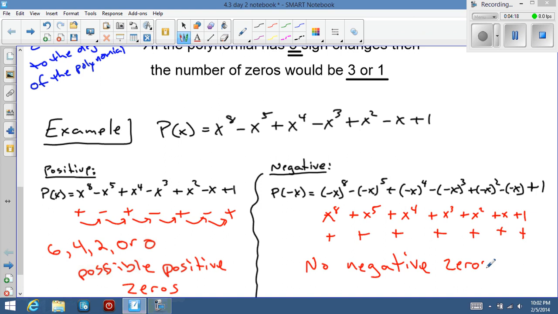And what that does for us is help us to understand the number of zeros for each positive and negative. So if I'm doing my synthetic division and trying to find my zeros, I know not to test any negative zeros because there aren't any. So I will stay with all positive zeros and work from there.